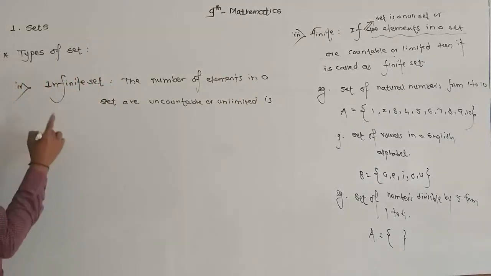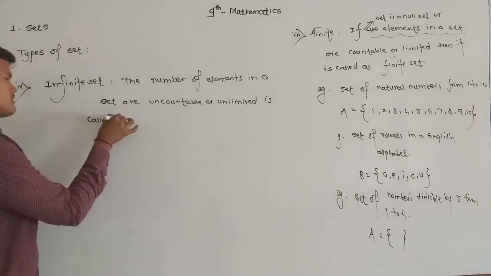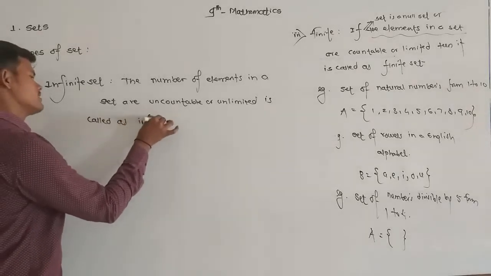The number of elements in a set being uncountable or unlimited is called an infinite set.